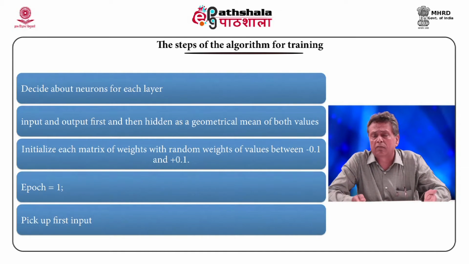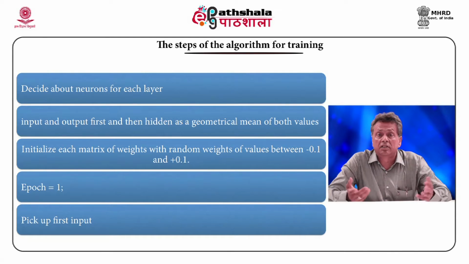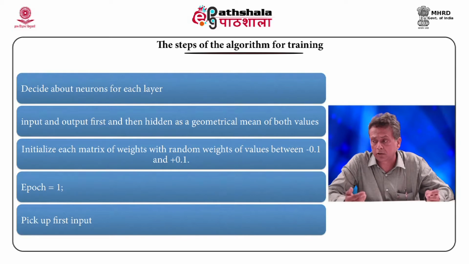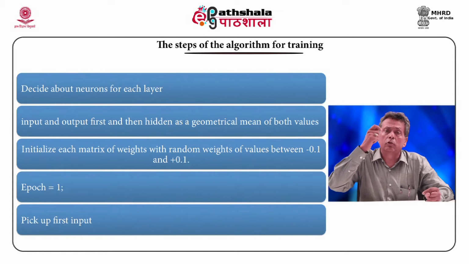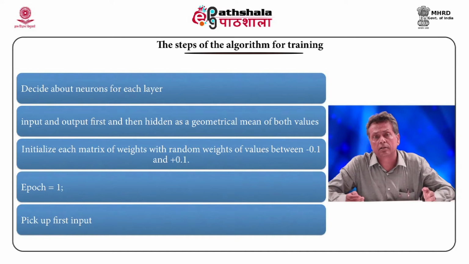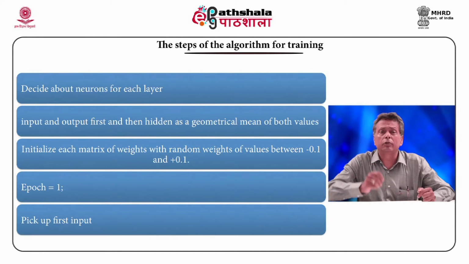People have done a lot of work and research on it, and the results contain a lot of guidelines for people like us who would like to code. And now you randomly initialize both layers of weights between 0.1 and minus 0.1, or sometimes even minus 0.05 and plus 0.05. Now, why are we keeping this weight value very small?